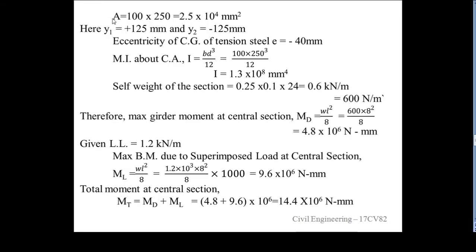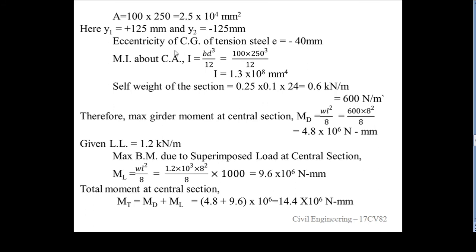The first step is to calculate the area of cross section, that is equal to 100 into 250, equal to 2.5 into 10 raised to 4 mm square. Area of cross section is B into D. Here y1 is equal to plus 125 mm and y2 is equal to minus 125 mm, top positive and bottom negative.